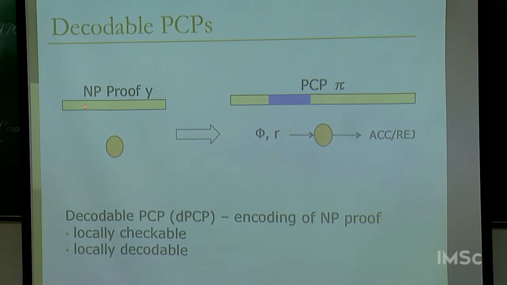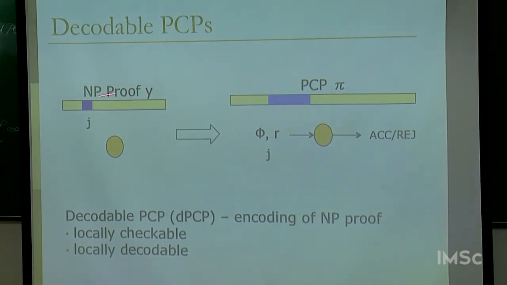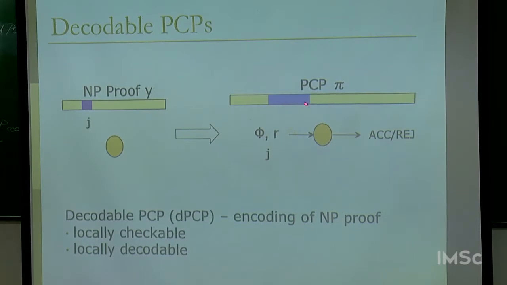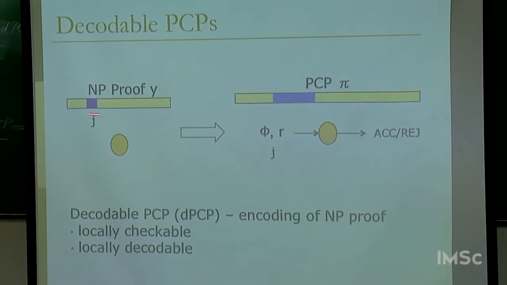So in particular, if I want a particular symbol of the NP proof, I would give it as an input a J and say, tell me that symbol. It is an encoding, so in principle it does contain this proof, sitting somewhere over here. I'm going to make it more explicit. A decodable PCP is an object in which, in addition to its original input, the verifier not just gets the formula and its randomness, it also gets an index into the NP proof.